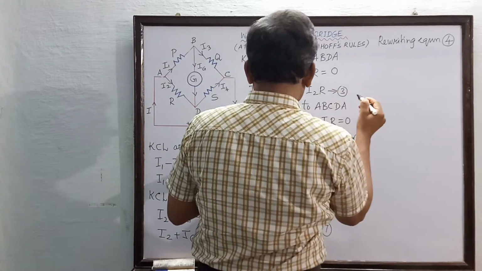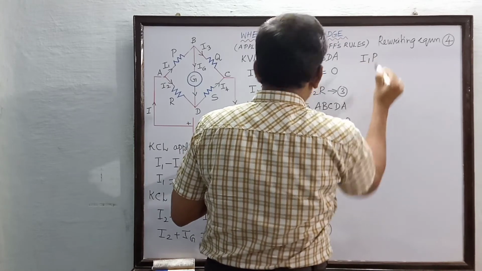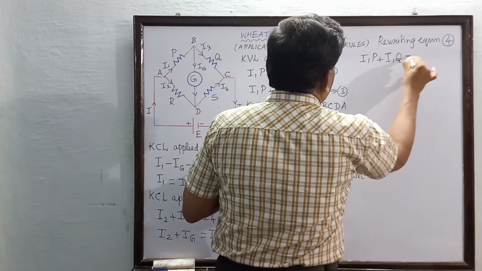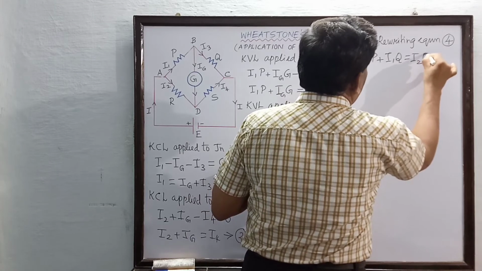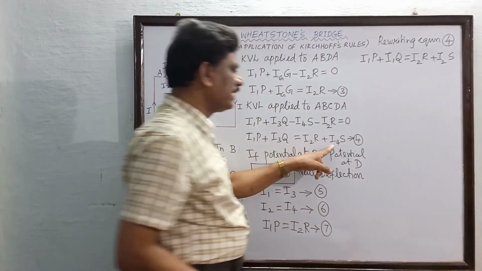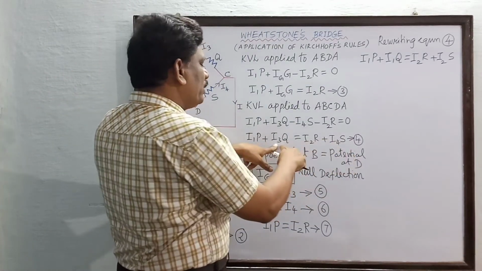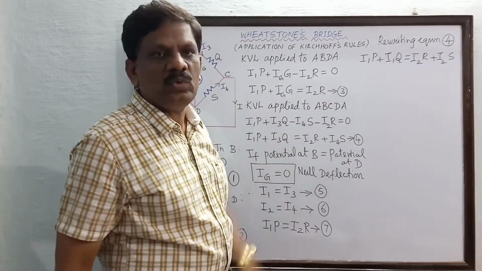So the first term is I1 into P plus I1 into Q, which is equal to, on the right hand side, I2 into R plus I2 into S. So in equation 4, I3 is substituted by I1 and I4 is substituted by I2.